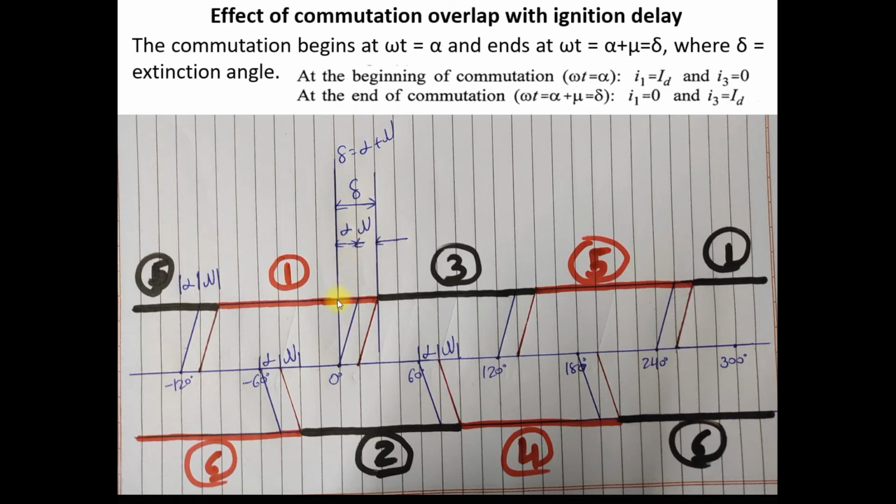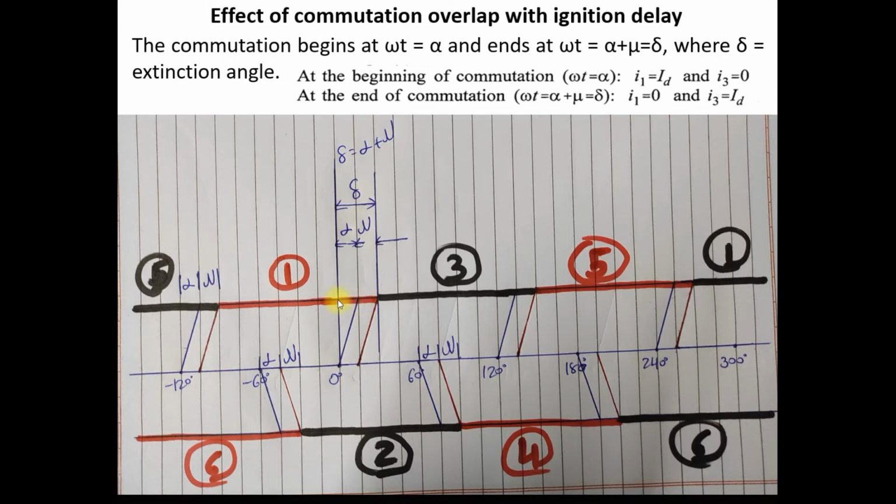Clear? So in the ideal condition, we see that in the first waveform, when alpha is 0 and there is no commutation overlap, at that time valve 3 starts from here. Clear? Because alpha is 0, this duration is not present, and the commutation period is also 0 because we do not consider the effect of source inductance.